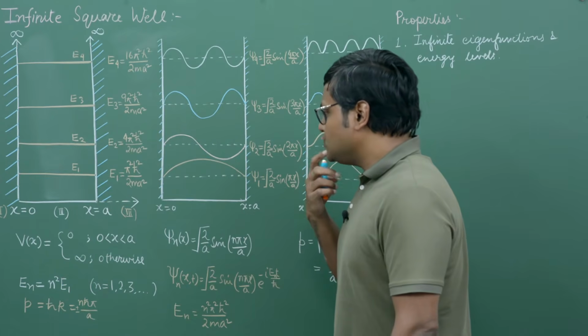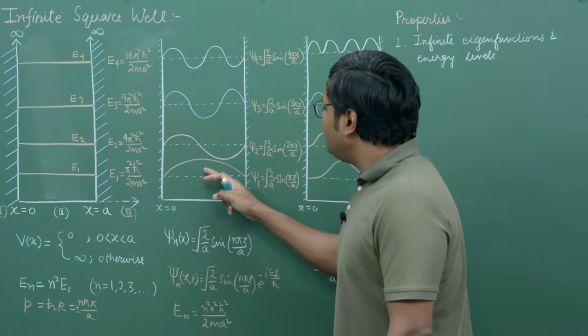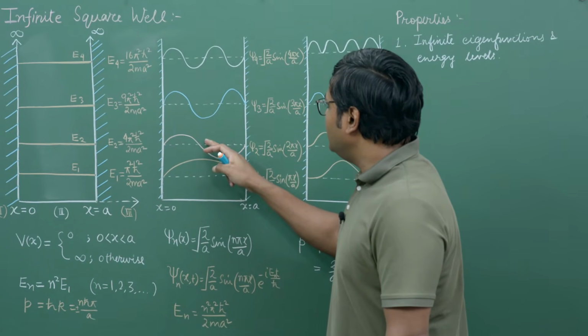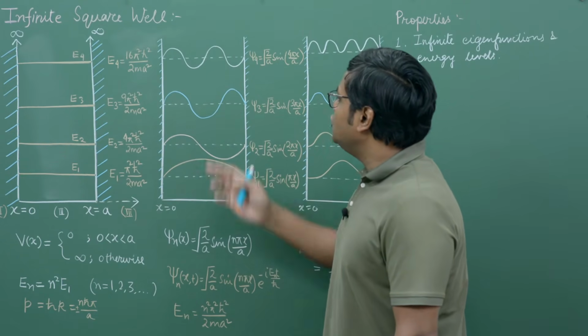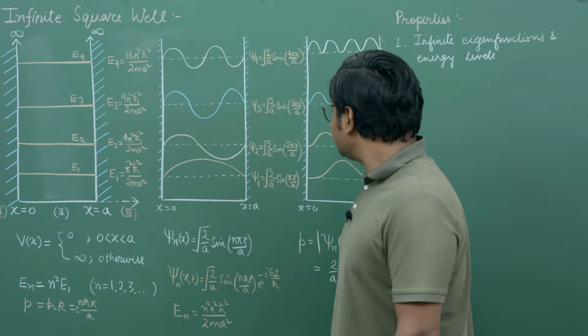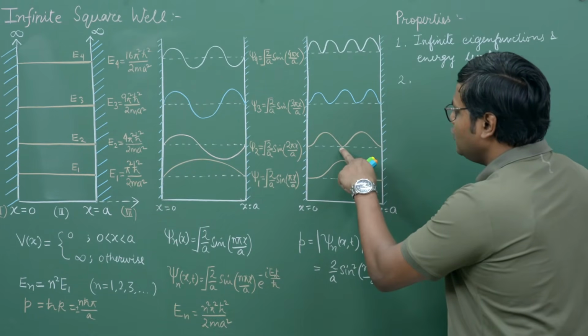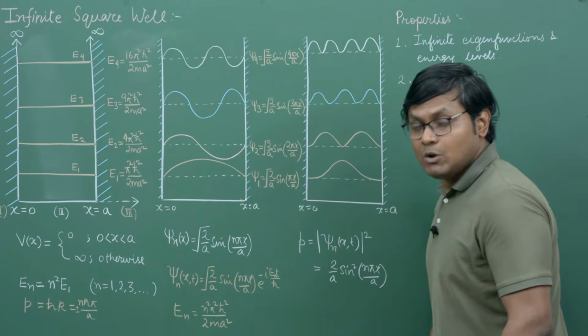But if you ignore these, with every increment in n, n equal to 1, n equal to 2, n equal to 3, n equal to 4, there is an increase in the nodal points. What are nodal points? You see these points, this point. This is a point in which the probability of the particle being found is 0, which is kind of interesting.